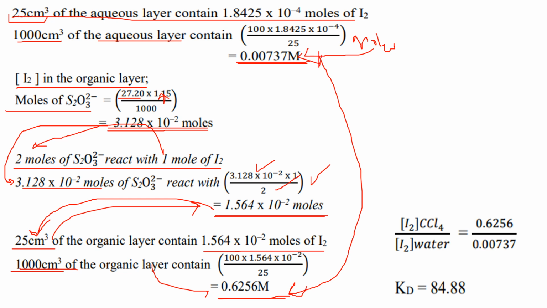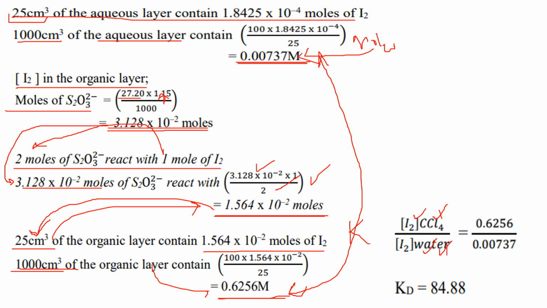After getting those two, we are free to calculate our partition coefficient. Now partition coefficient Kd is equal to the molar concentration of iodine dissolved in the organic layer, and I've told you the arrangement depends on the question. The question was organic layer to water, so that's the arrangement we used. So Kd is equal to the molar concentration of iodine dissolved in the organic layer to the molar concentration of iodine dissolved in water.